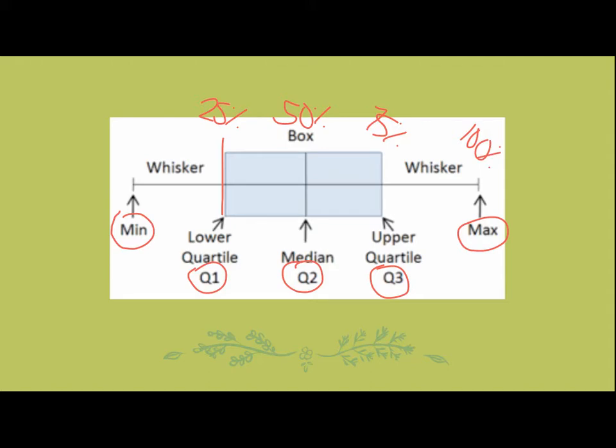So think about 25% of your data is between your minimum and quartile 1. Another 25% is between quartile 1 and the median, and then another 25% and so forth. One other thing is this box is 50% of your data in the middle. So you may have a minimum that's kind of an outlier, a number way out there by itself, but 50% of your data is right there around the median.